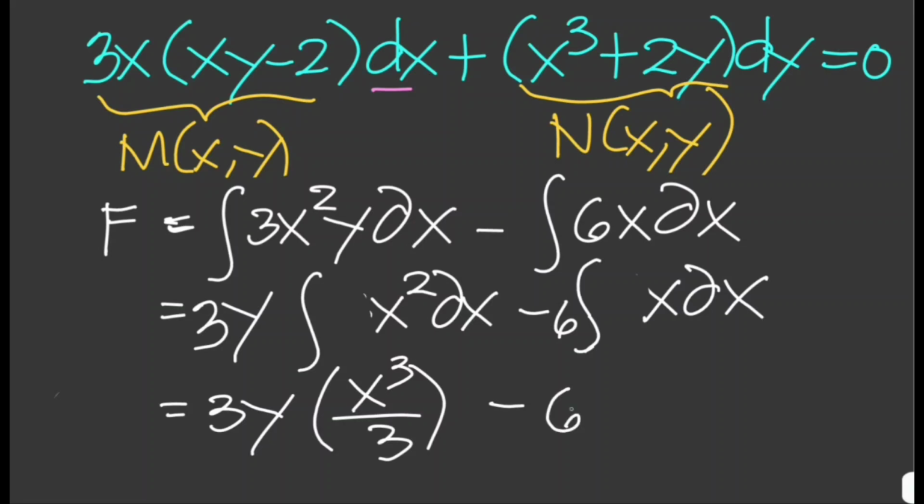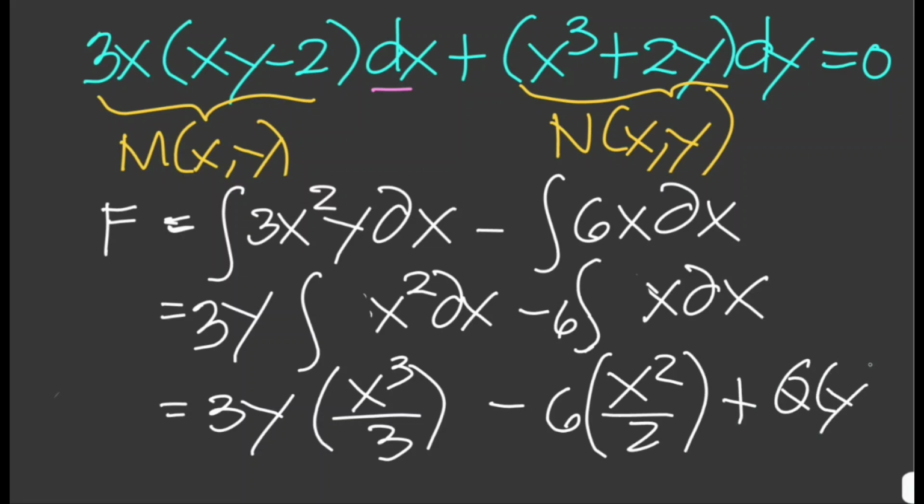So this would be the integral of x, so that would be x squared over 2 plus c. So instead of using plus c, I use q of y, which I previously used in the first problem.